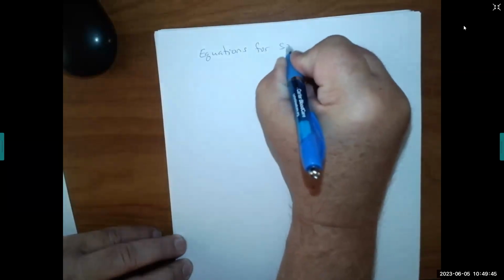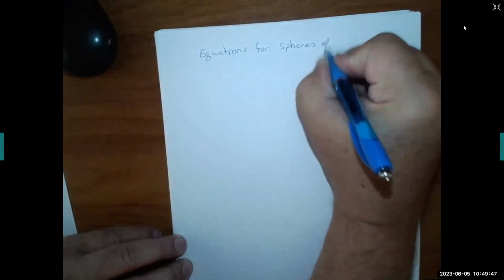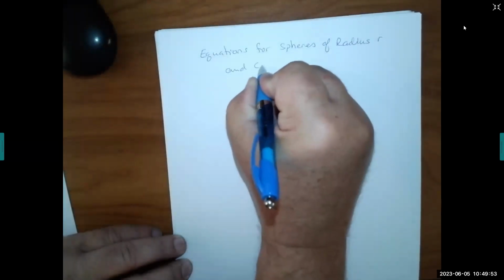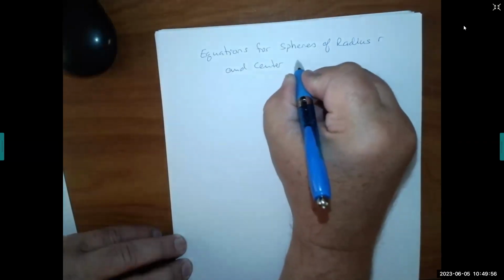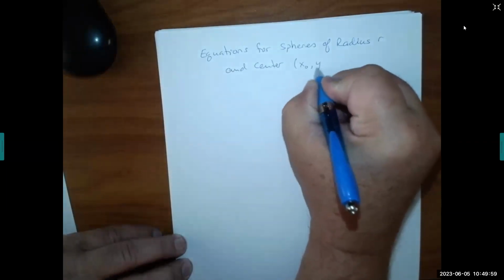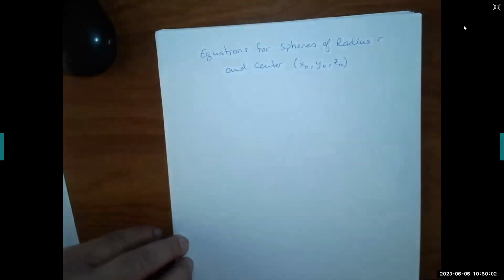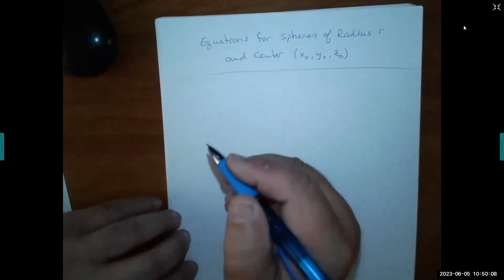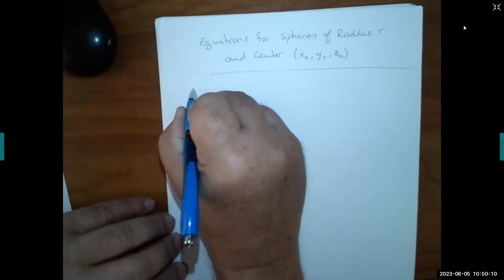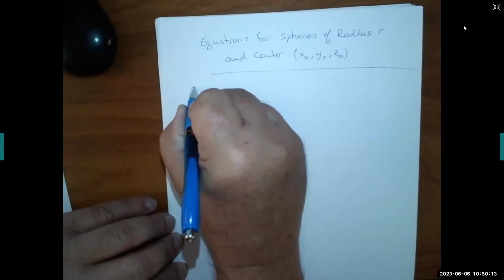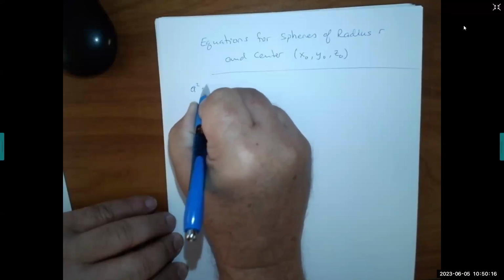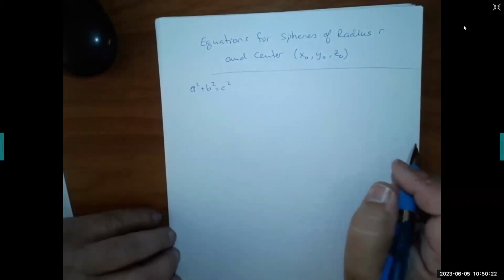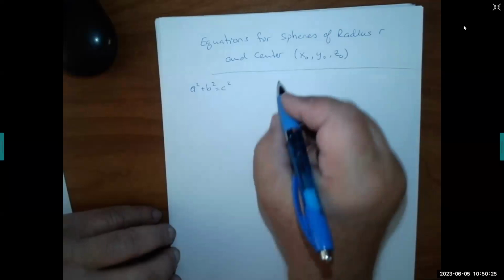Equations for spheres of radius r and center x sub 0, y sub 0, z sub 0. This is the Pythagorean theorem for two-dimensional space.